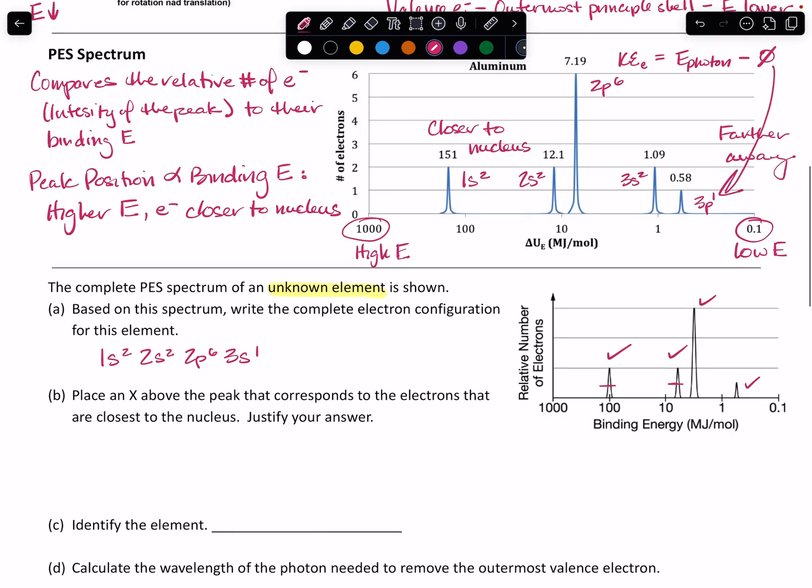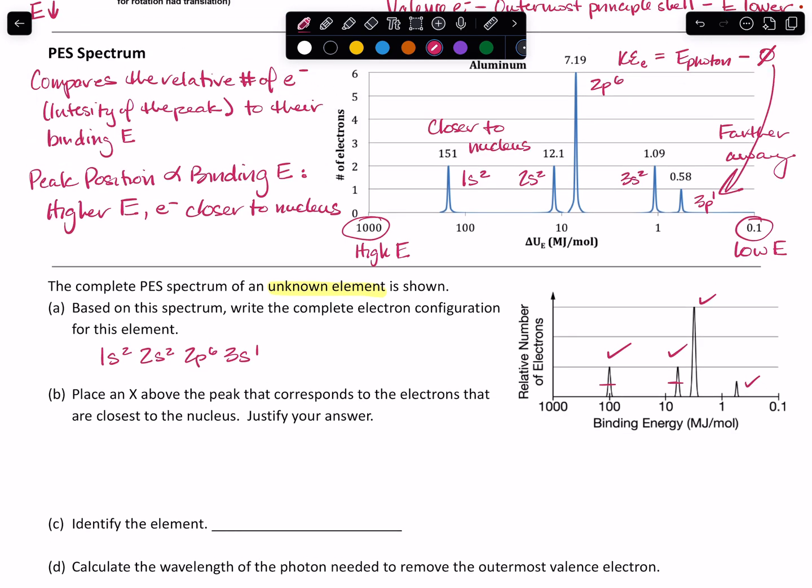Now, it's kind of hard to look, but you can see that the binding energies for this spectrum are not the same as those for aluminum. And that's an important factor too. As you move across a row, the number of protons within the nucleus is increasing. So the force of attraction between the nucleus and the electrons is also increasing.